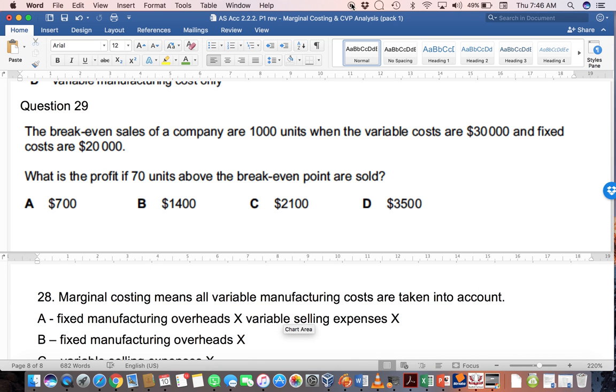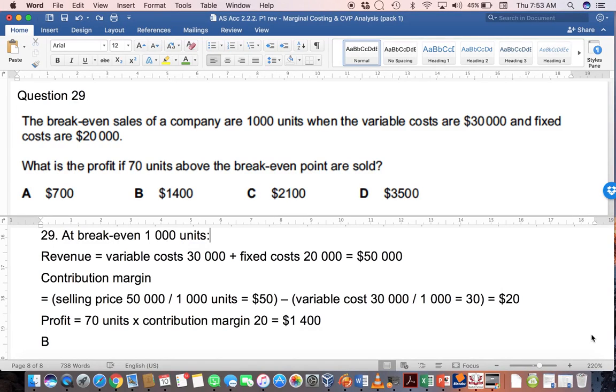Question 29. Above the break-even point are sold. Well, what you need to do over here is take into account all of this information and recreate what is missing. The first thing is we know that it's at a break-even point of 1,000 units. So from that, we can then work out what the revenue is at 1,000 units.